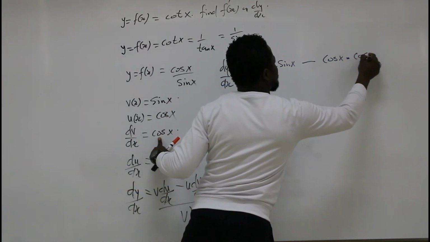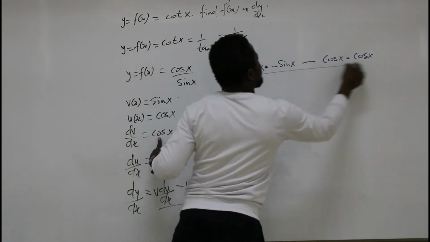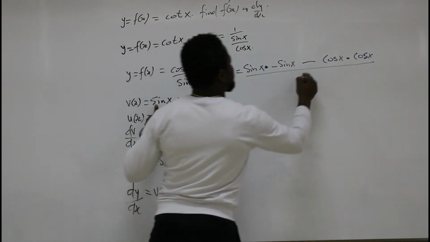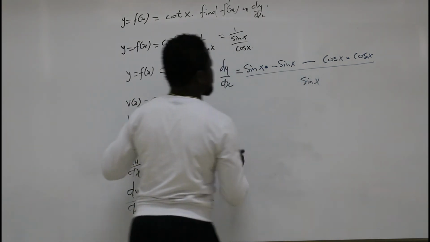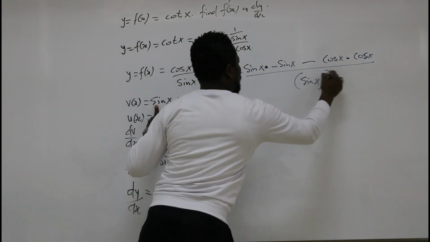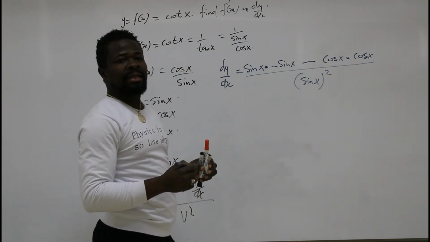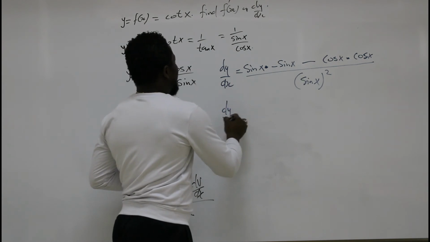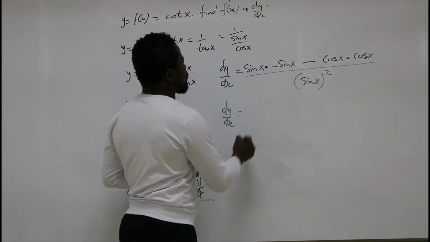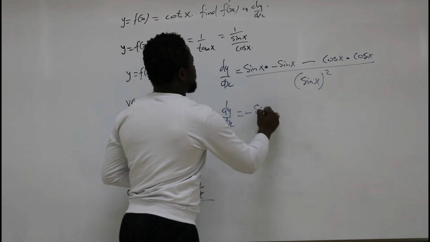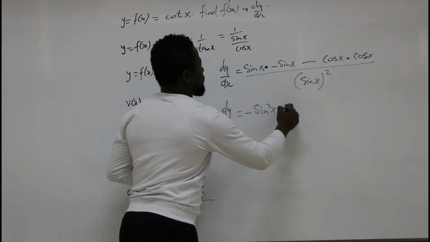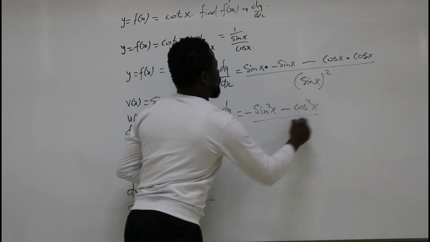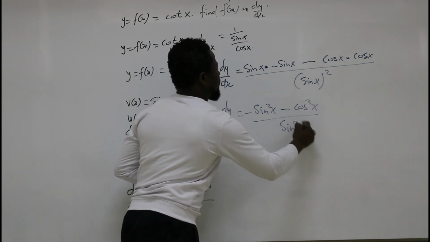We are going to divide all by v squared, which is sine x all squared. Now let's simplify this problem. dy/dx will be equal to negative sine squared x minus cos squared x all over sine squared x.